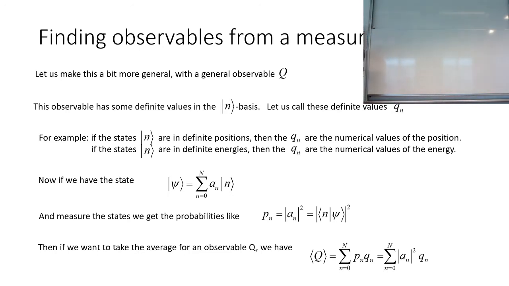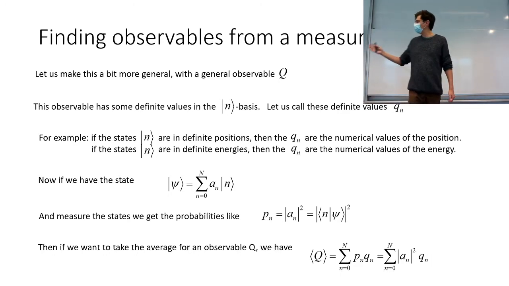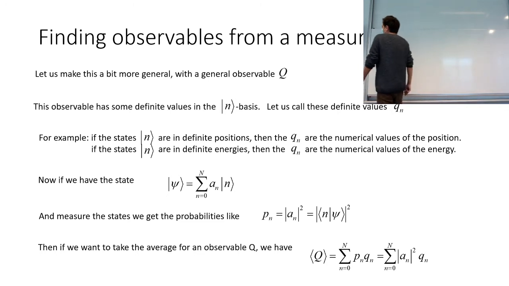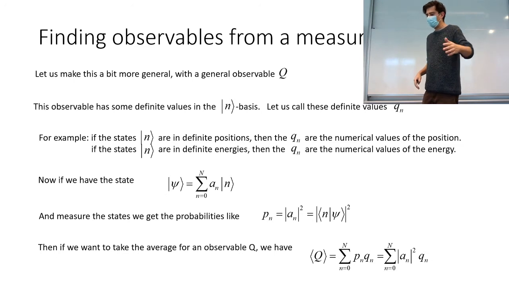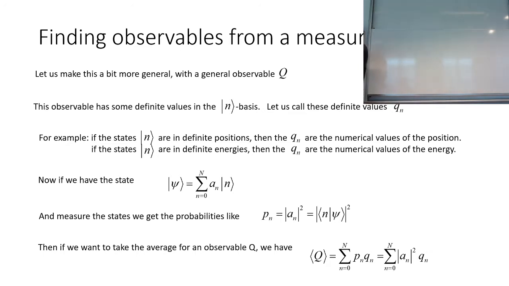Okay, so suppose, let's make this a bit more general. Suppose we have some general observable Q. So this could be things like position, momentum, energy, something like this. And what we always have with such an observable is that there are particular states that we associate with particular values. So we have a bunch of definite states here, let's call that n, and these all have some definite numbers associated with them.